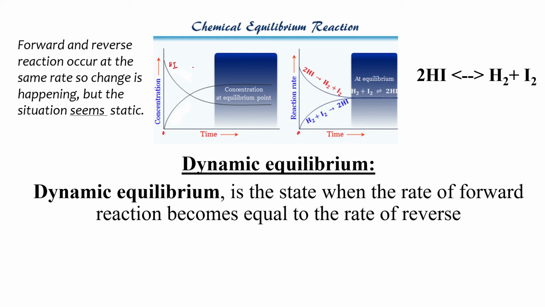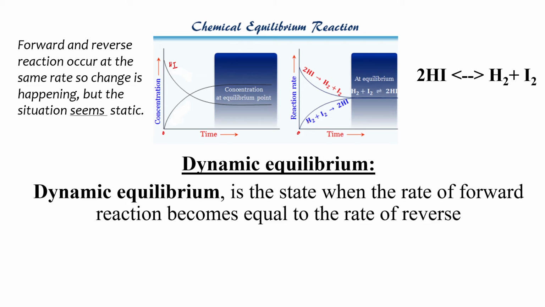Now, as the hydrogen iodide decomposes, there will be less hydrogen iodide, so the forward reaction will start to slow down. You can see here the rate of the reaction. The rate of the forward reaction will start to slow down. And when we have some of the product molecules, which are hydrogen and iodine, in the reaction mixture, then the reverse reaction will speed up.